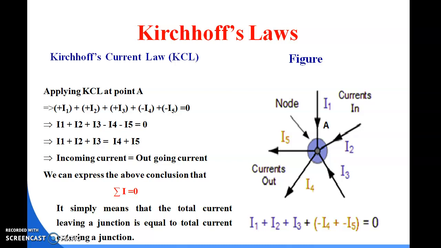That means I1 + I2 + I3 = I4 + I5, which implies that incoming current is equal to outgoing current in a circuit.